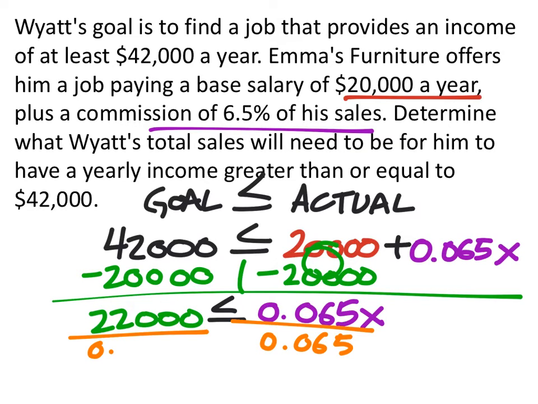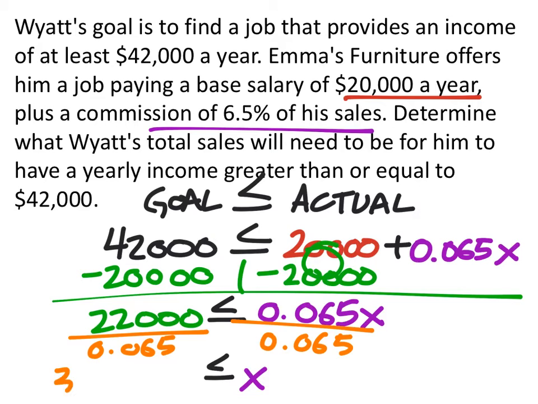And again, that's a positive, so it's not going to flip the inequality, which does happen even in these word problems from time to time. And I've got to use the calculator. Here we go. 22,000 divided by 0.065. That was a big one. Maybe some of you expected that.